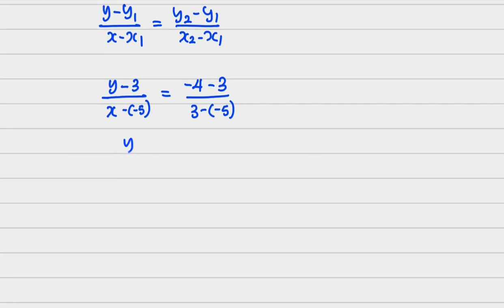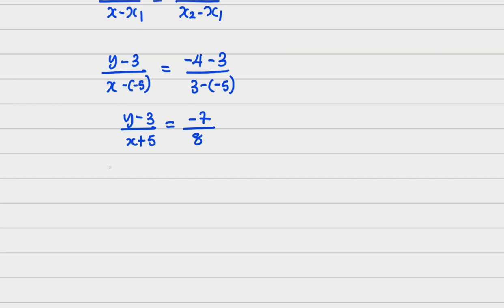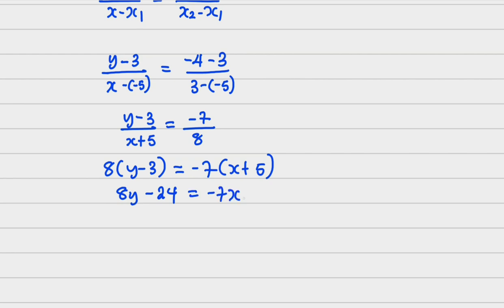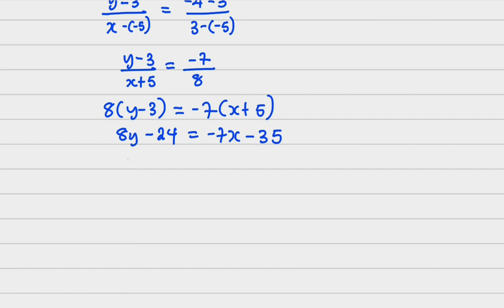So I'm going to have (y − 3)/(x + 5) = −7/8. Now I'll cross multiply, so I have 8(y − 3) = −7(x + 5). This is going to be 8y − 24 = −7x − 35.